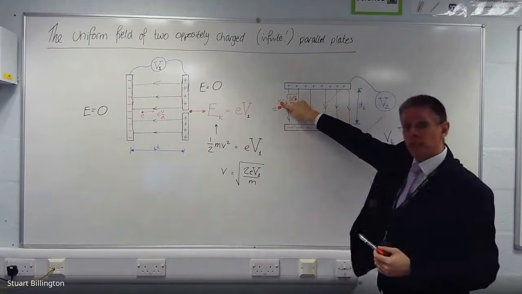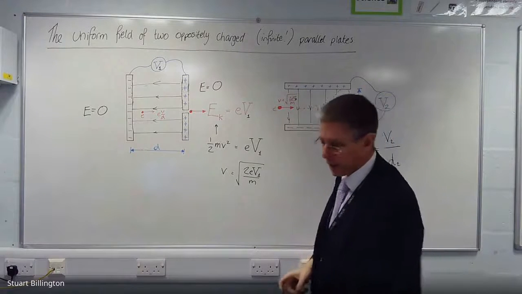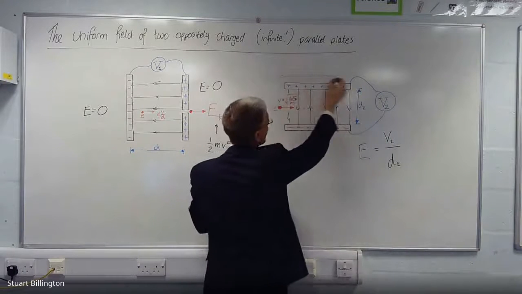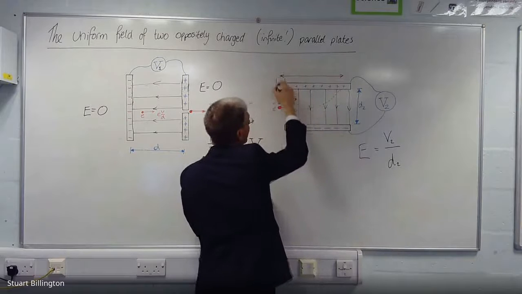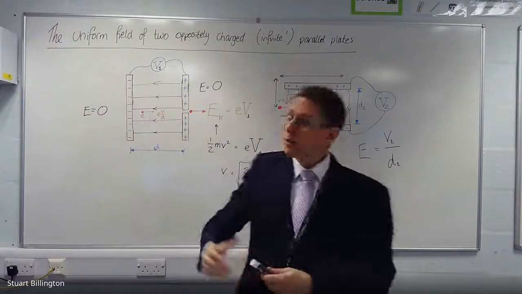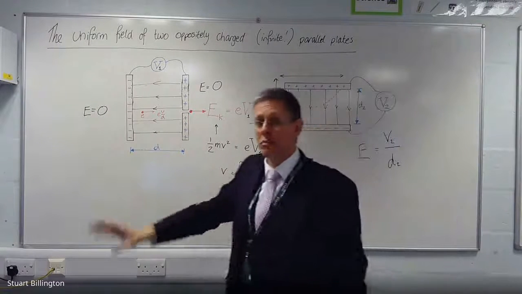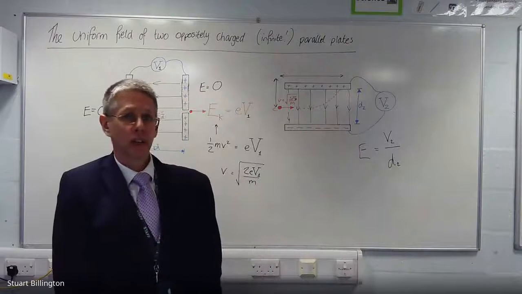This is your initial velocity. This is your range, and this is your vertical motion. If we were to just spin the board round, this is a year 12 projectile motion question.